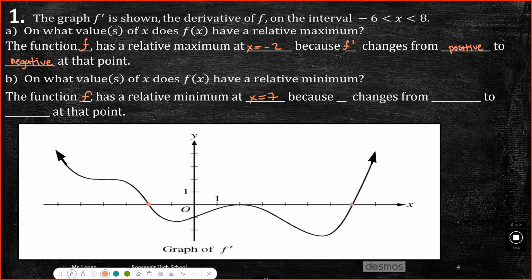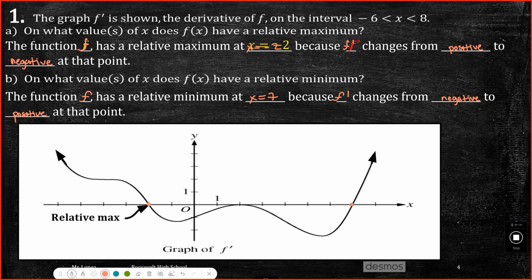Because, here's the because, I guess we could just stick to f prime, no? Because f prime changes from what to what? Negative to positive. Good. That should be good, I think.